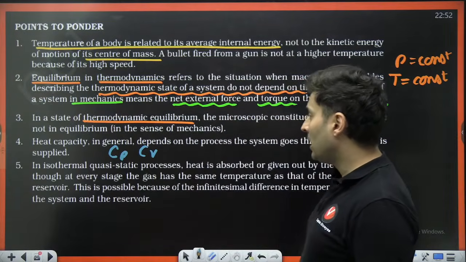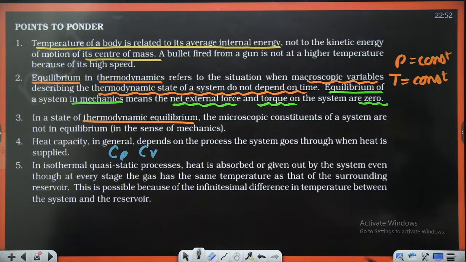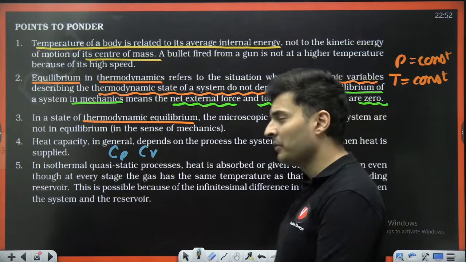Last one. In an isothermal quasi-static process, heat is absorbed or given by the system even though at every stage the gas has the same temperature as that of the surrounding reservoir. This is possible because of the infinitesimal temperature difference between the system and the reservoir.